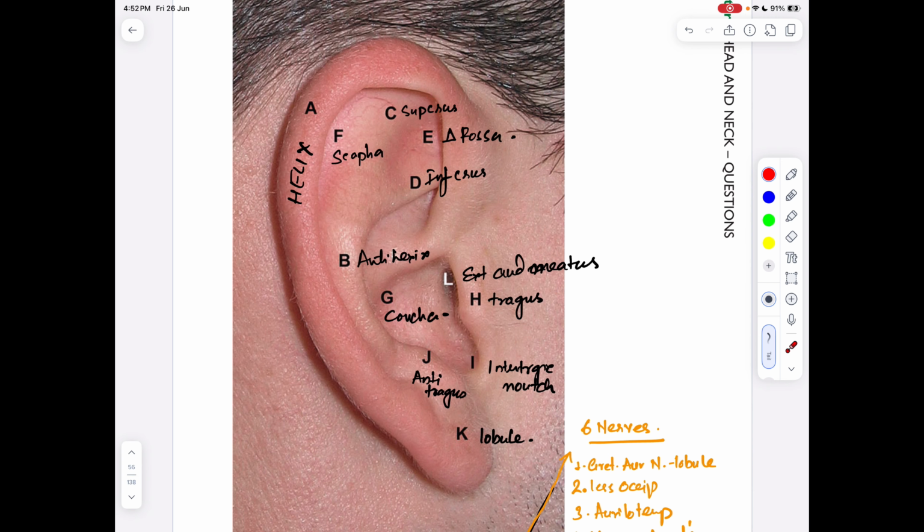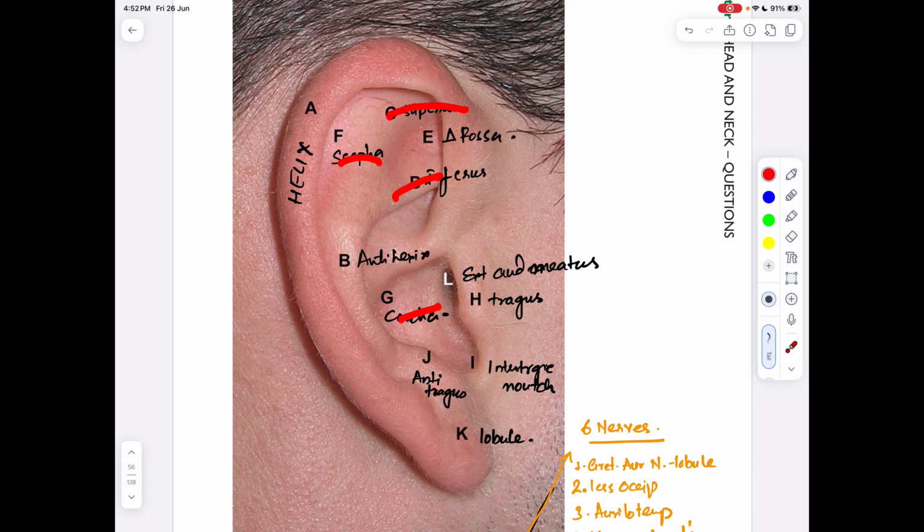So these three structures are known to everyone. This is the ear lobule. Now the concha, this is the concave shape, it's the concha, and this is the elevated part, the scapha.